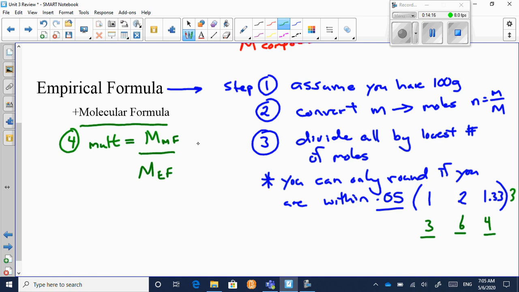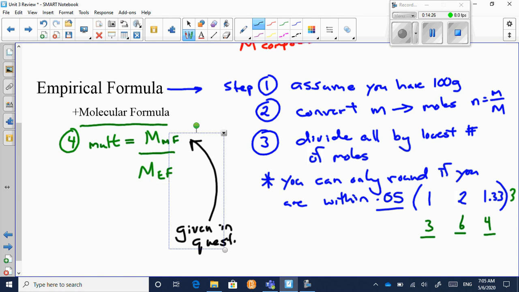And this number would have had to have been given to you in the question. Obviously, the molar mass of the empirical formula you can calculate having done steps 1, 2, and 3.